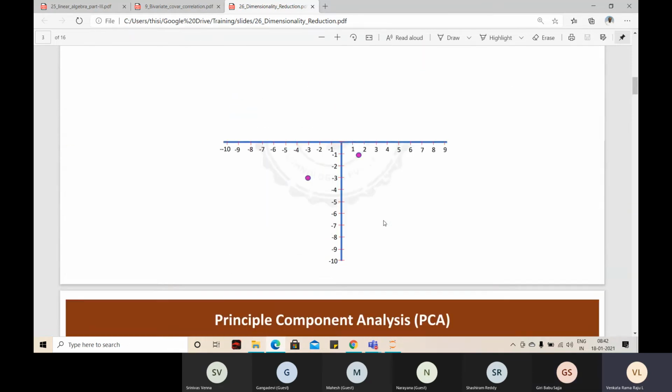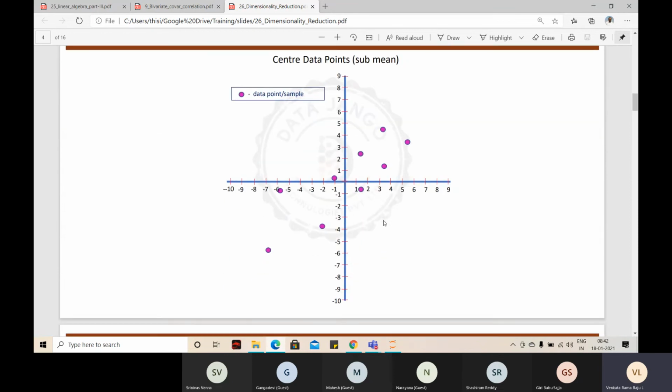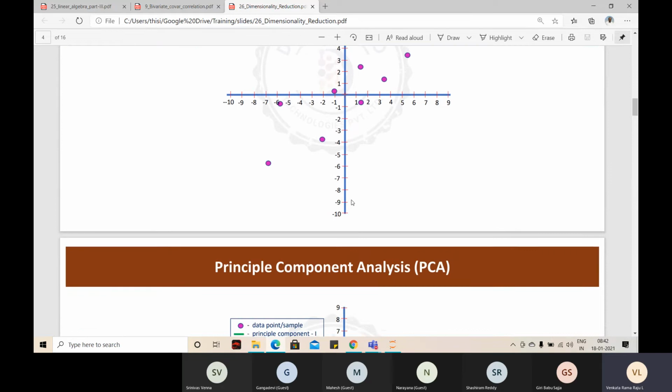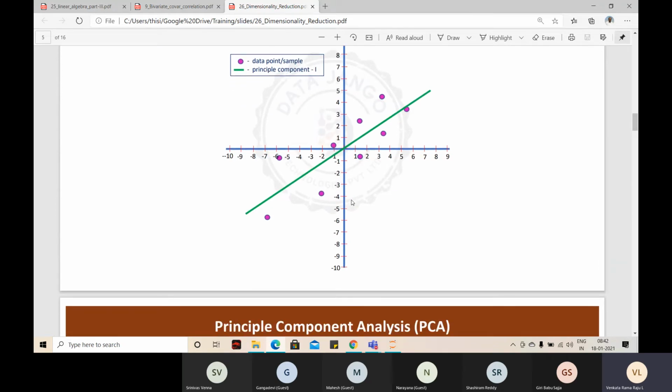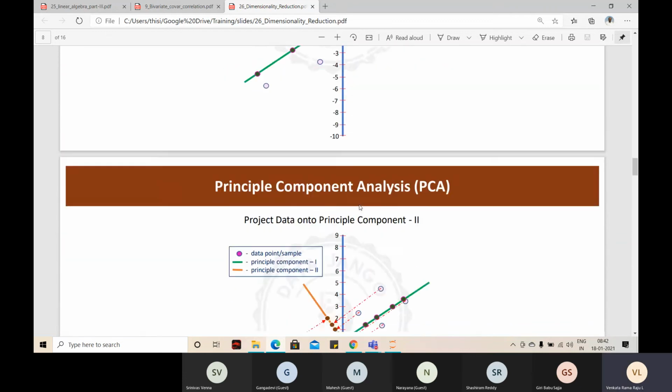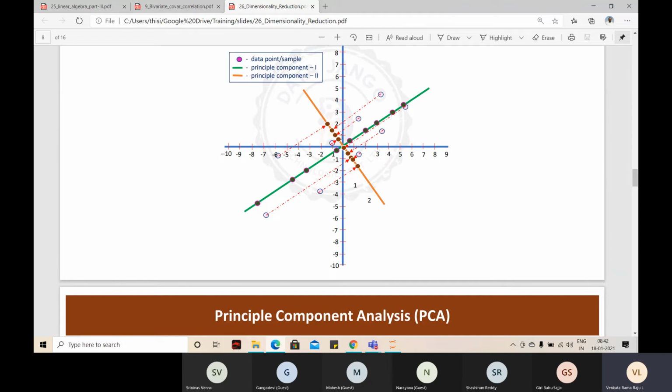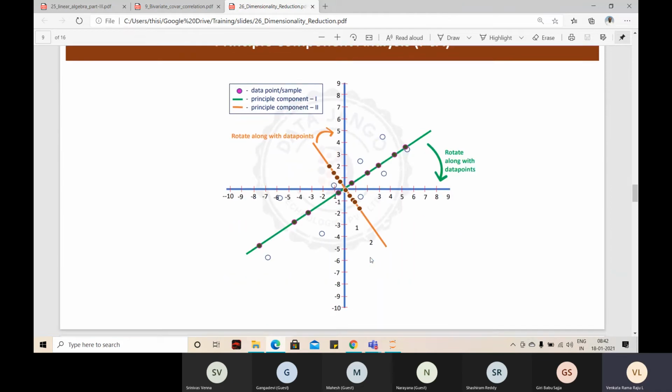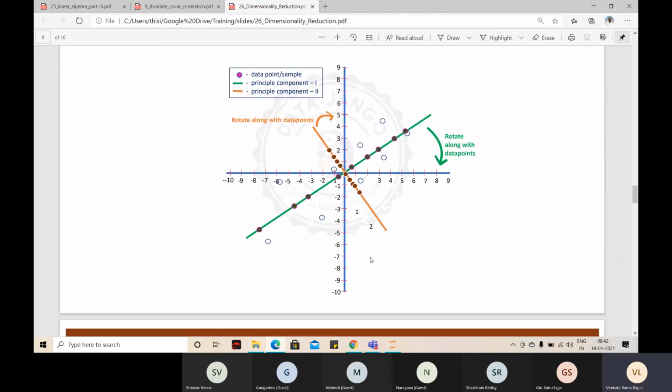I took the mean and centered it. I subtracted the mean from x1 and x2, so the data points moved a little downward. Then I found the principal component, an eigenvector, and projected. And found the second eigenvector, projected, and then rotated. I'll show why I am rotating in a moment.